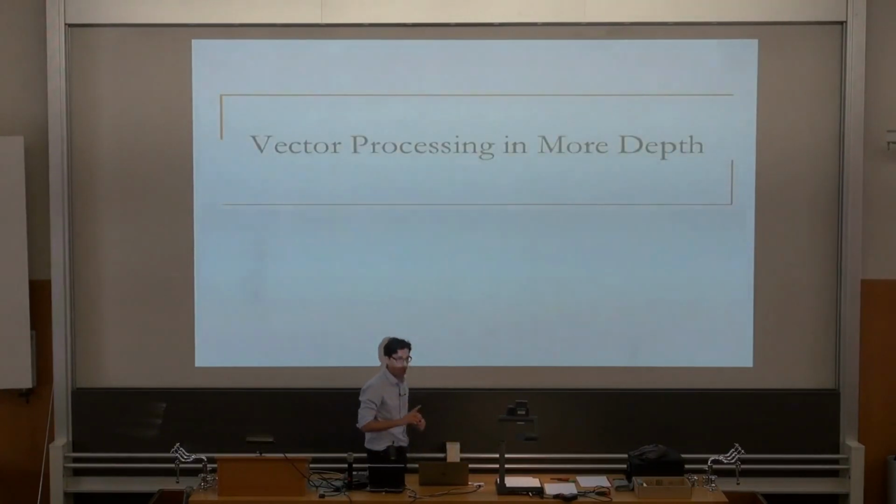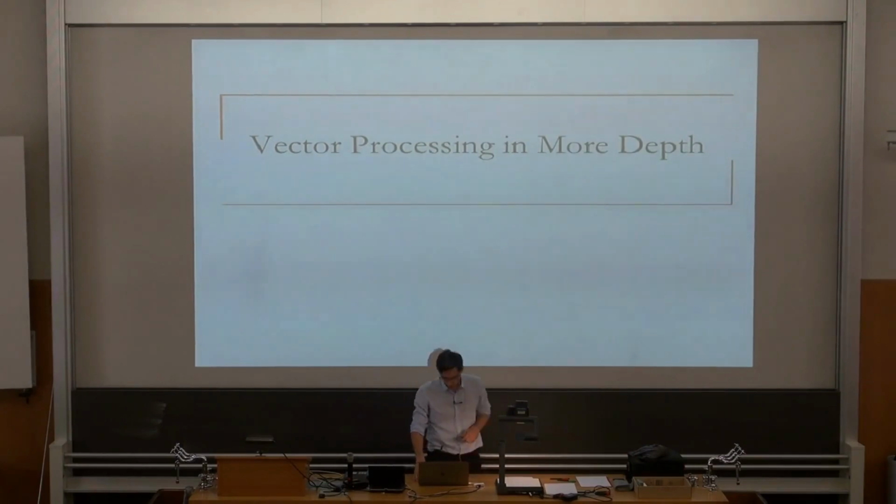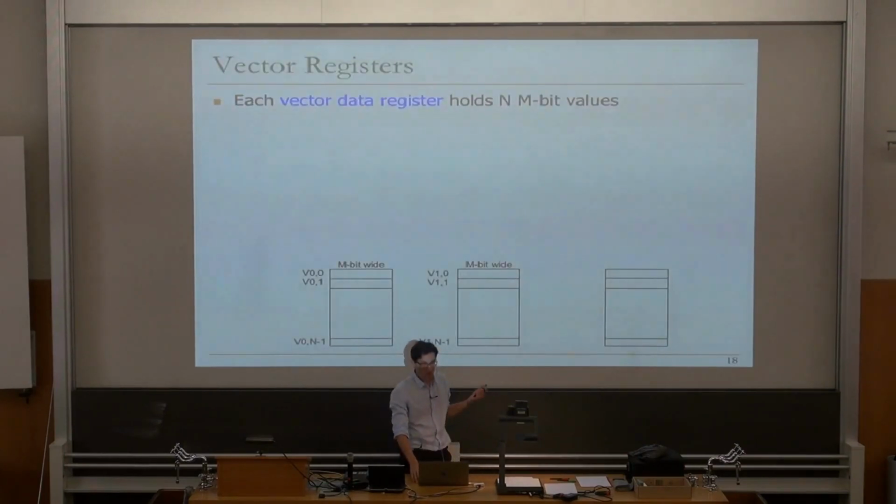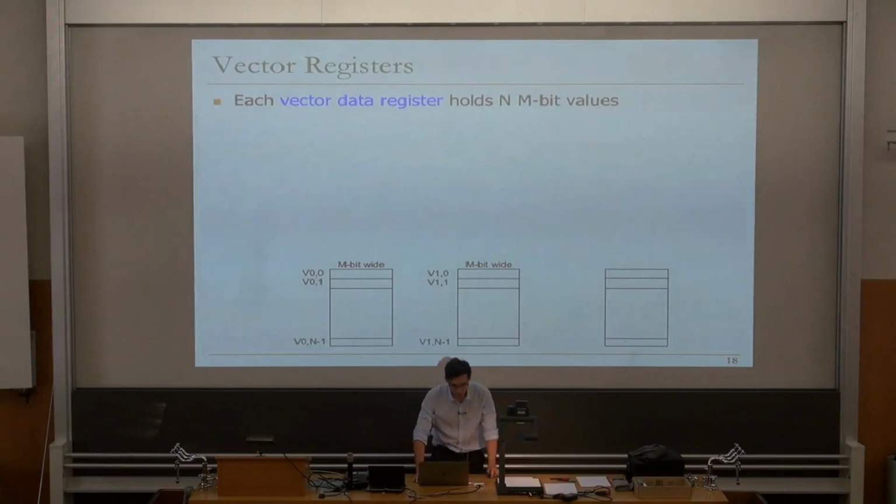Okay, let's talk a little bit more in depth about the vector processors. We have already talked about the vector registers. In each vector data register, we hold n m-bit values. For example, n might be 32. We might have 32 elements in the vector register, and m might be 64 bits, for example, if we are operating on double precision elements.